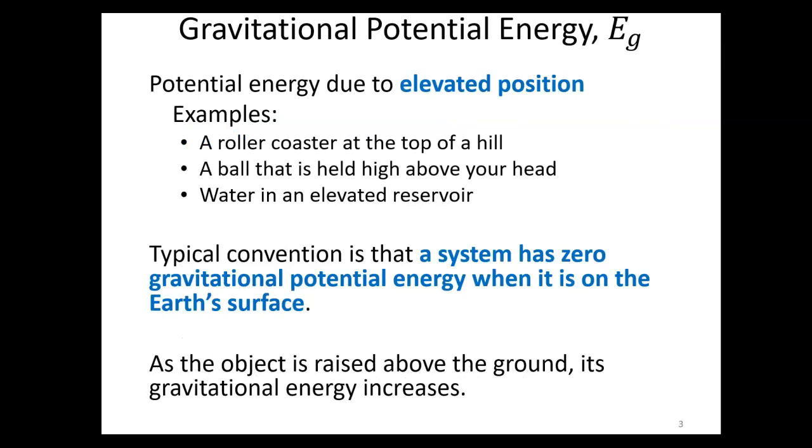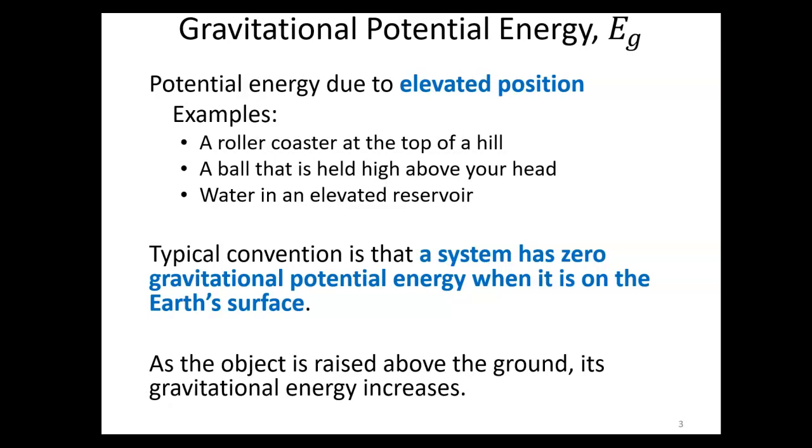So first, let's talk about gravitational potential energy. That's E sub g. This gravitational energy is potential energy due to something having an elevated position. For example, the car of a roller coaster at the top of a hill, a ball that you're holding above your head, water that's contained in an elevated reservoir.